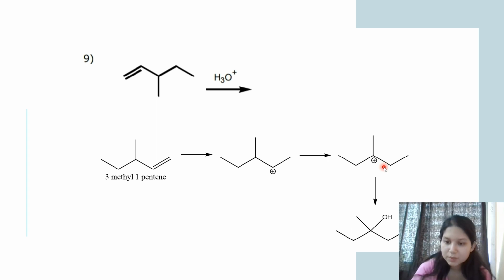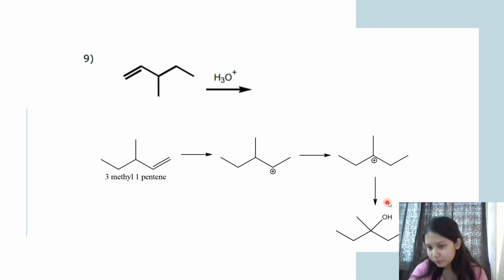First, a water molecule will attack this carbocation, leading to the formation of an oxonium ion, and this carbocation position will get neutralized, and then from the oxonium formed here, one proton will be removed, leading to the formation of a neutral OH functionality at this position. So you end up getting this product in the reaction.